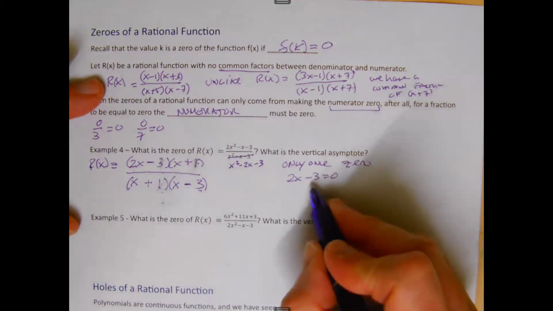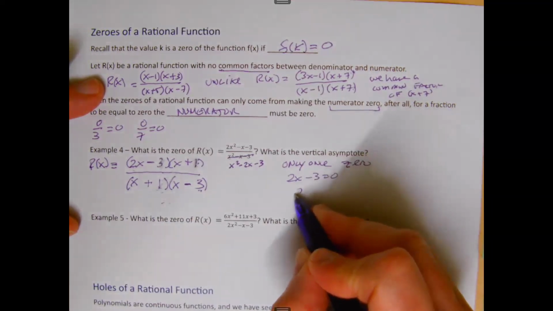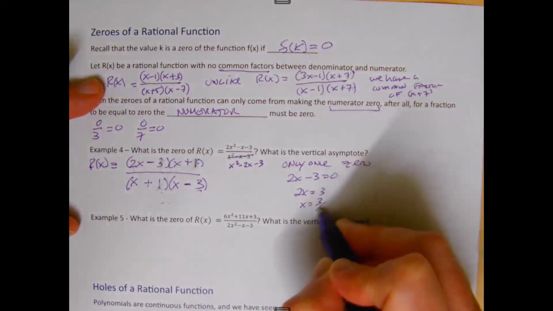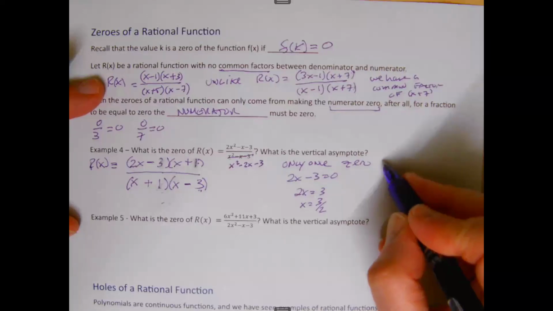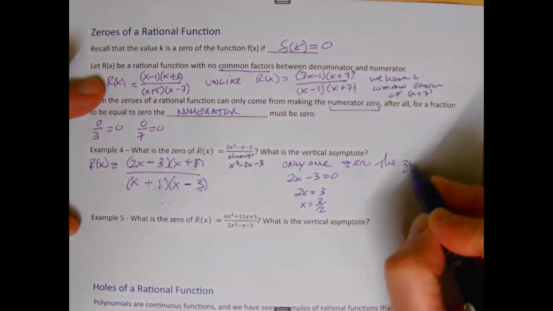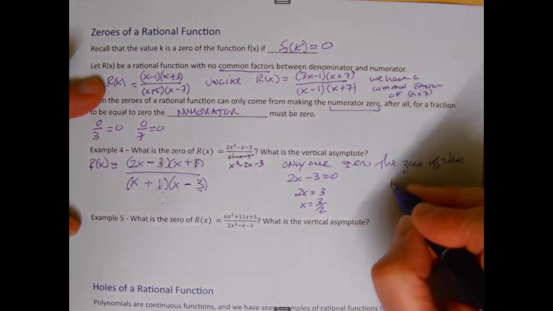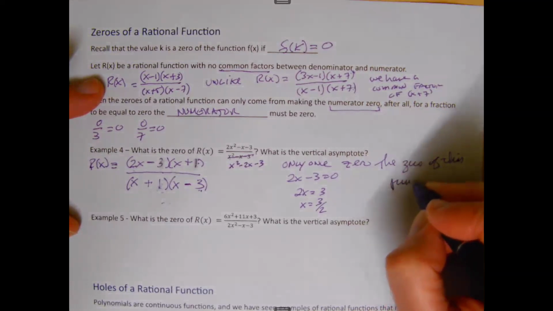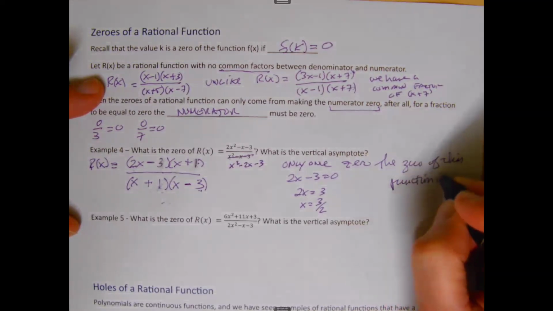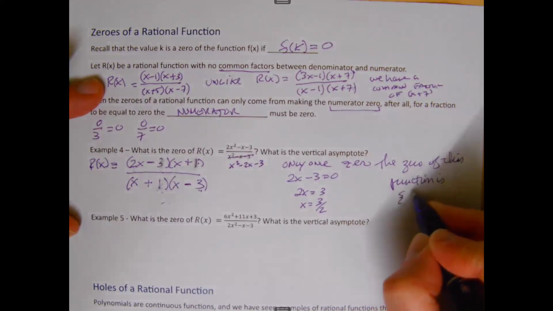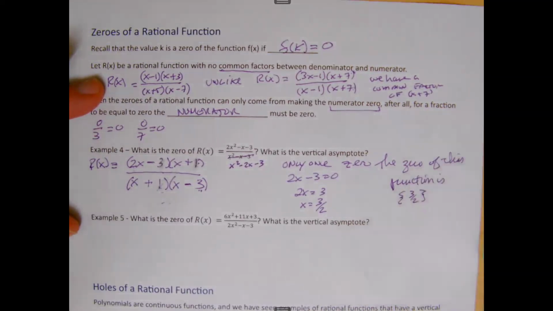Okay, so now I'm going to add 3 to both sides, divide by 2, and that is it. The 0 of this function is 3 over 2. Yes, that's it. That's the only 0.